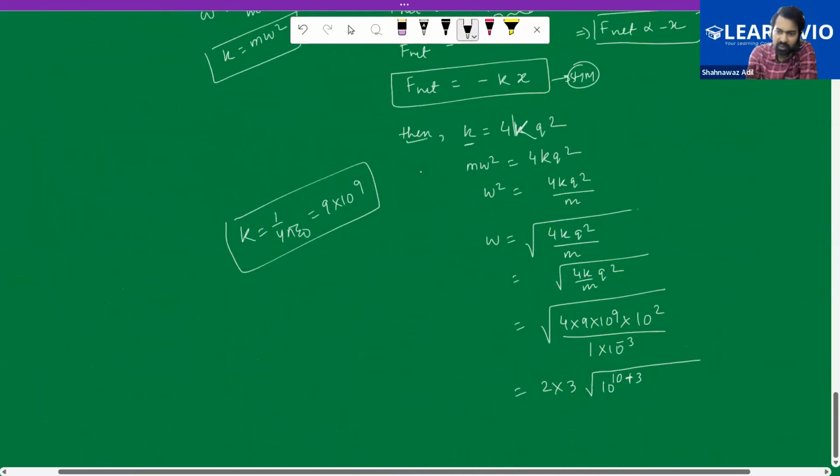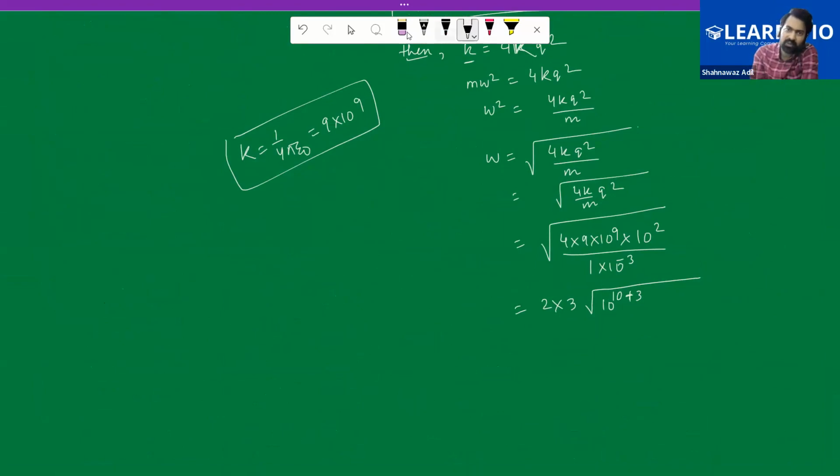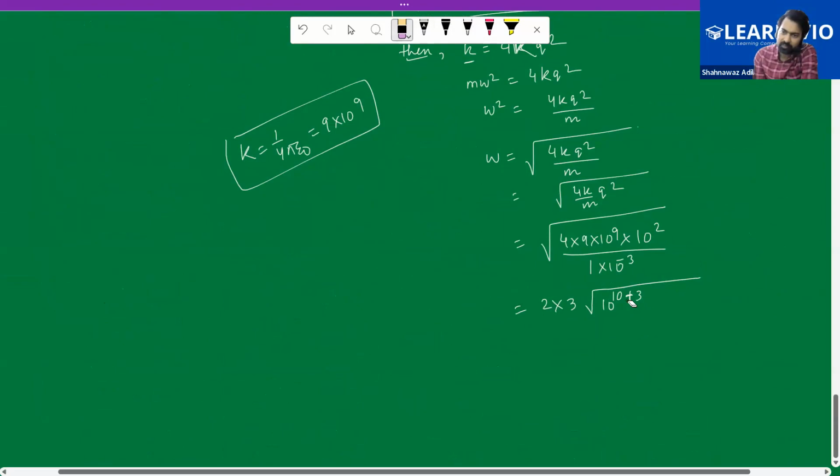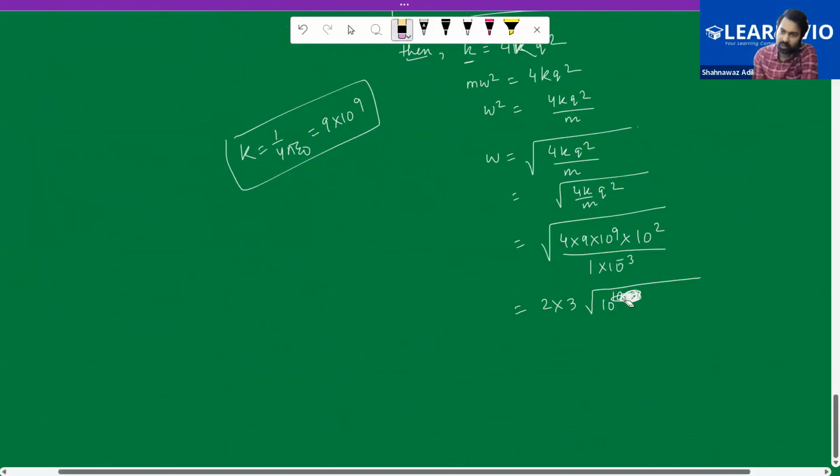Okay, then what is this thing? So this is 11, and then this is 14. I will write this as 14, so this is 10 to the power 14.